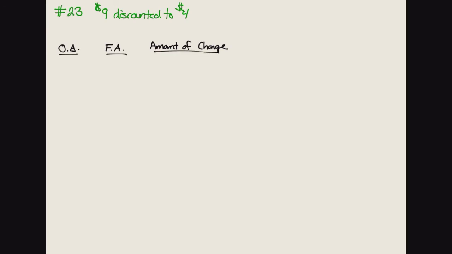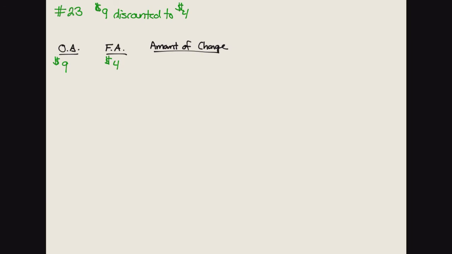So for every problem, this is how I would set them up. My personal, like if I were doing your homework, this is what I would do because this helps me see it. It's not confusing this way. So the original amount, $9. The final amount, $4. So then I've got to ask myself, how did it change? Well, to go from 9 to 4, it has to go down how much?